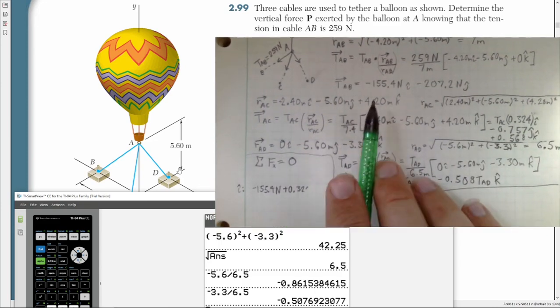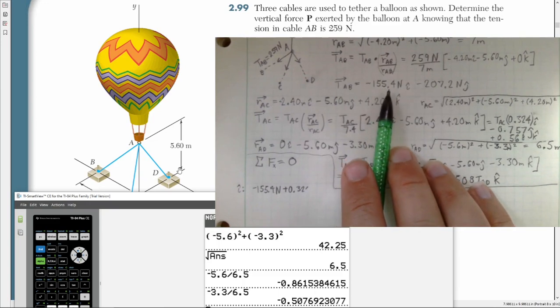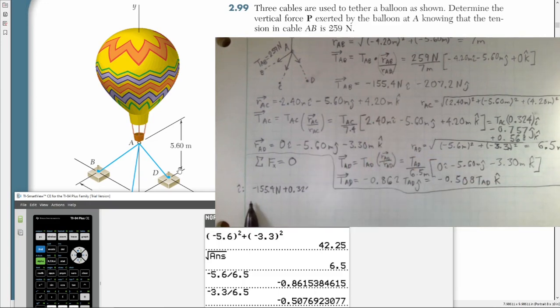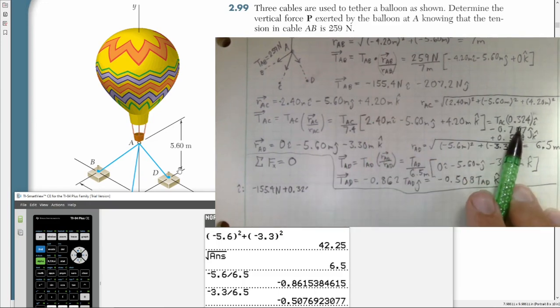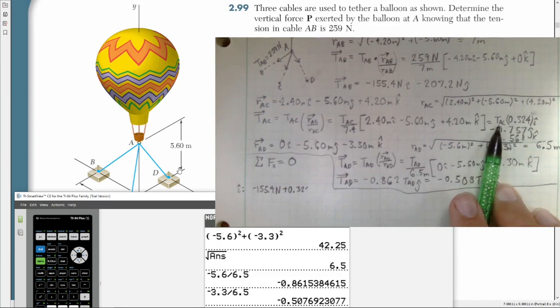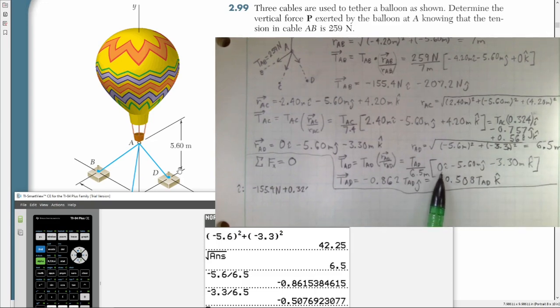We have our tension AB, negative 155.4 newtons in the i hat direction, plus 0.324 times the scalar tension AC in the i hat direction. Tension AD has no component in the x or i hat direction.